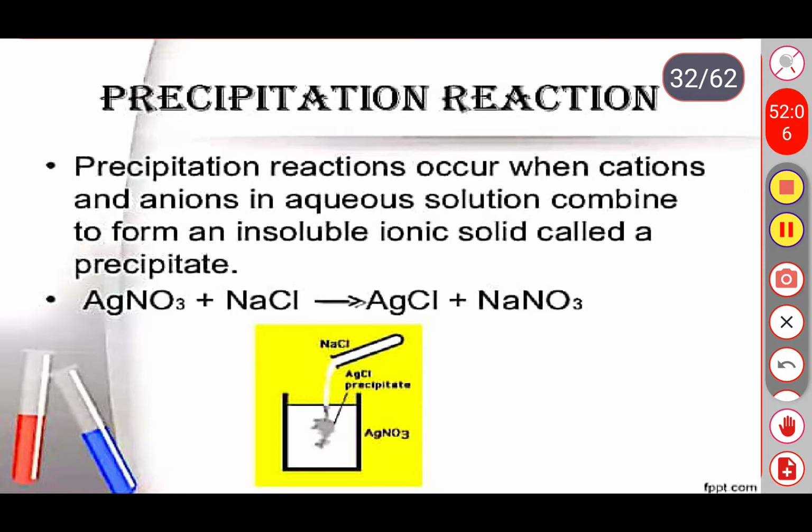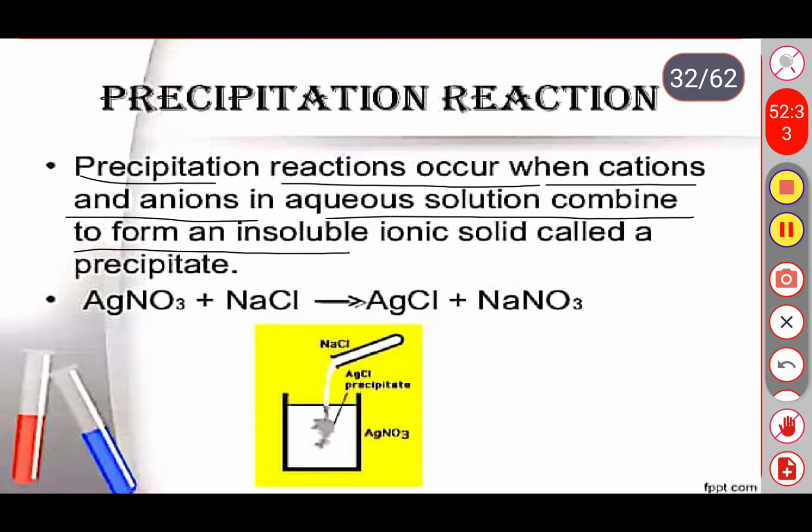A precipitation reaction occurs when cations and anions in aqueous solution combine to form an insoluble ionic solid. For example, this is nothing but a double displacement reaction: when silver nitrate is combined with sodium chloride, it forms silver chloride and sodium nitrate.